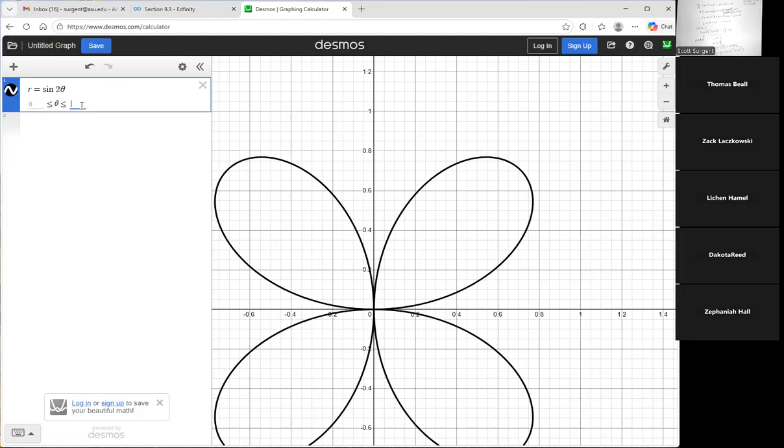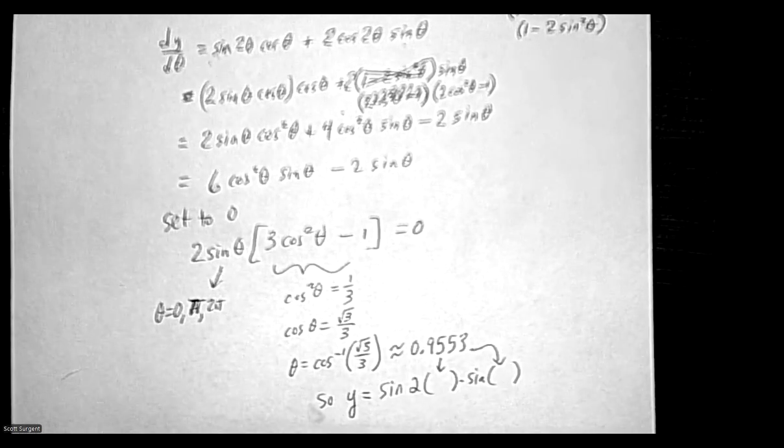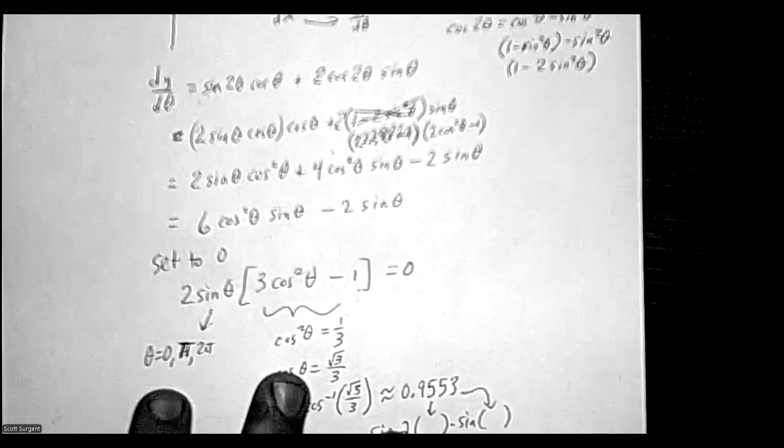And we discovered that when theta is 0.9553, aha, I think we did it right, because that puts us right there at the high point of that pedal, because that's the highest that y gets. So I'm feeling pretty comfortable about that. Oh yeah, there's a lot of opportunities to make mistakes on these. I agree with you there.